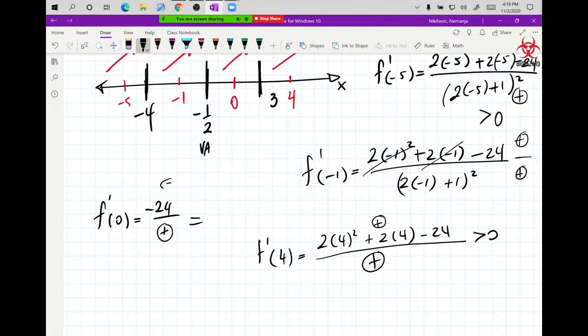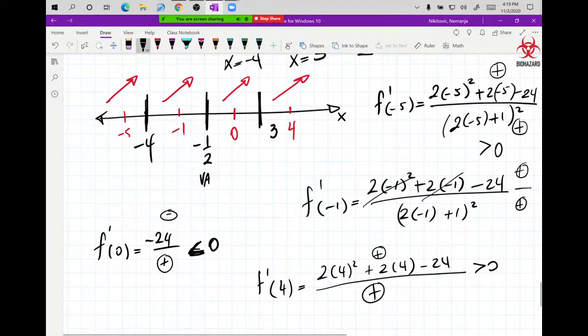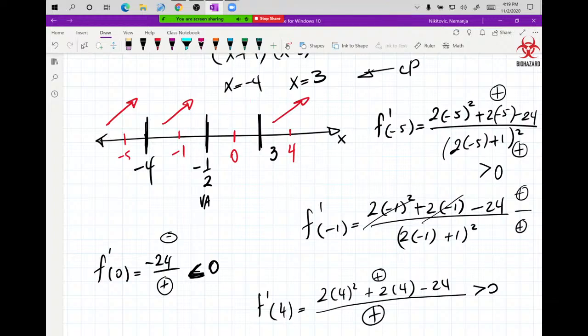That's negative divided by a positive, which gives you a negative value. So f prime of 0 is negative. So going this way, at the top we have 50 minus 24. That's still good, right? -5. -5 squared is 25.